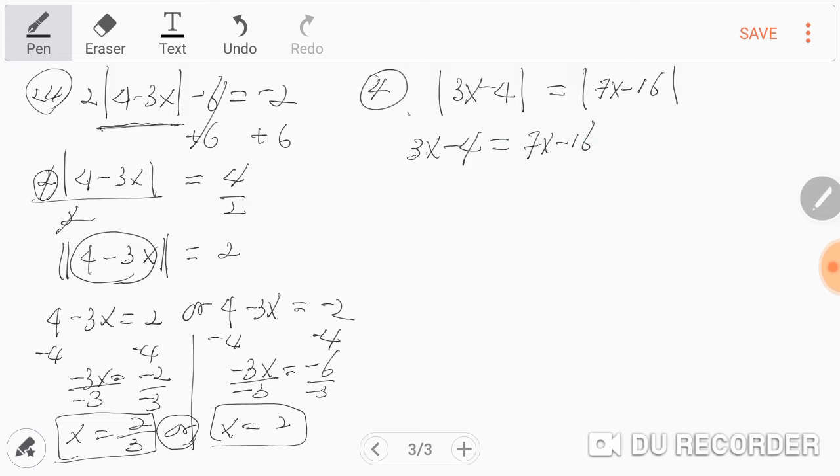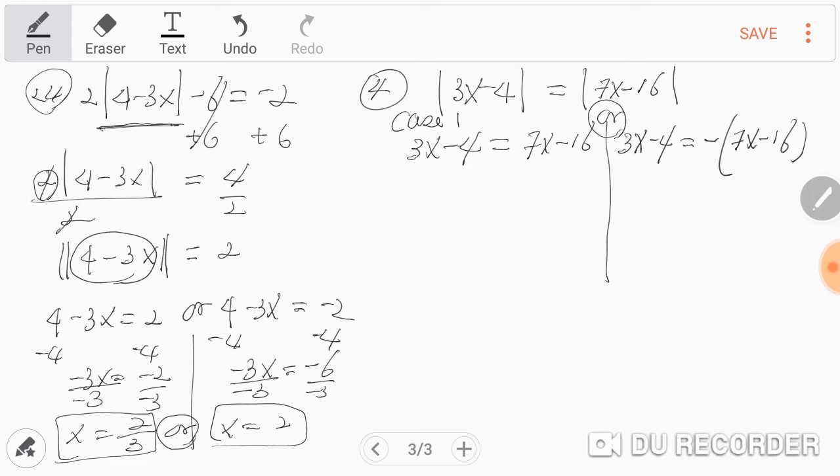So here is case 1. We have one equation like this, or the second equation is to put a negative sign on either the left or right side of the equation. It doesn't matter. So I'm going to put the negative sign on the right side of the equation. Of course, remove the absolute value symbol.